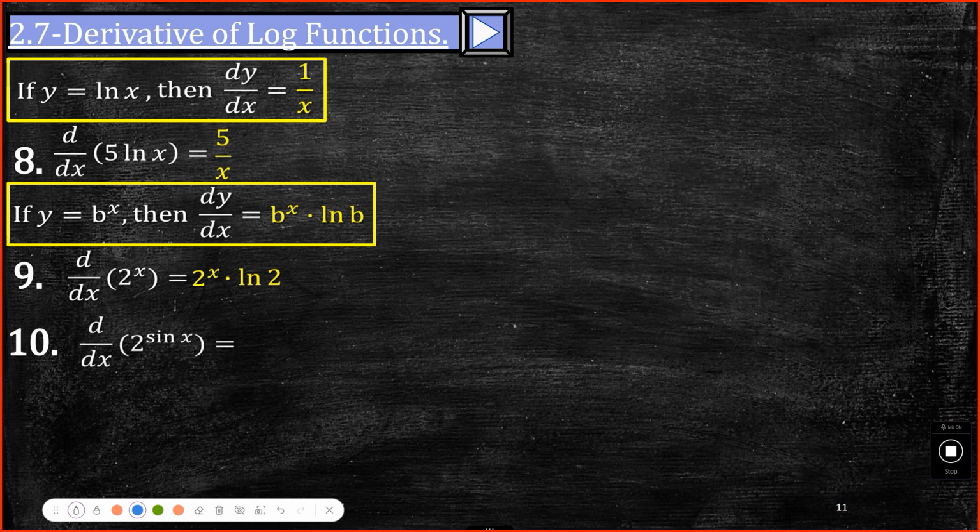Let's go then. Number 10. So it should be 2 to the sine x times ln 2.